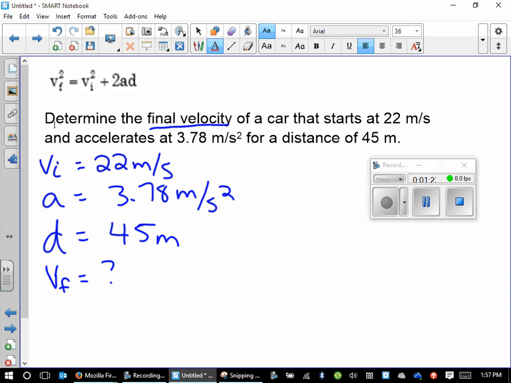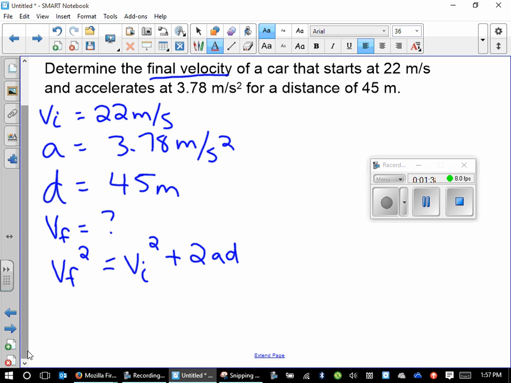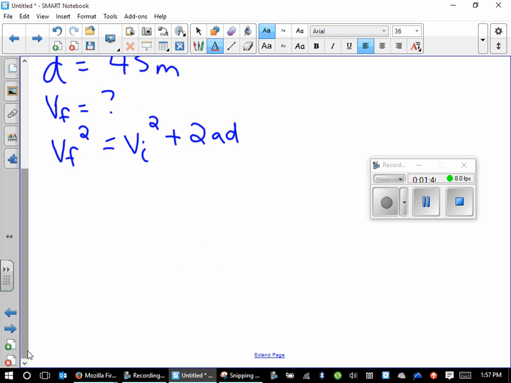Okay. So what is the formula that relates initial velocity, acceleration, and displacement? That is this formula, V final squared equals V initial squared plus 2AD. Okay, so putting in the values that we know. V initial, we said, was 22 meters per second.